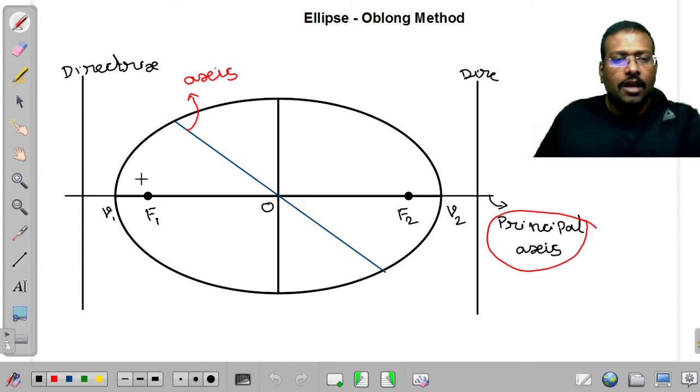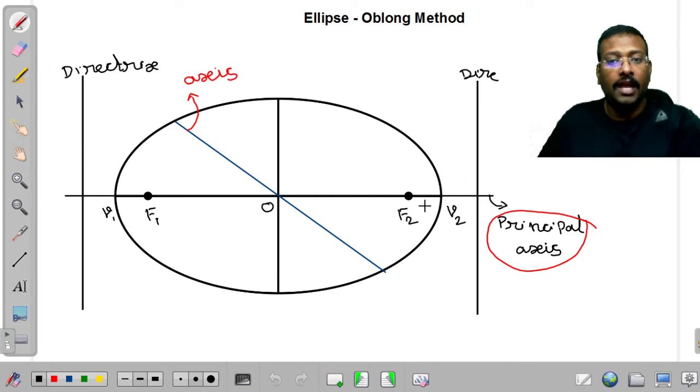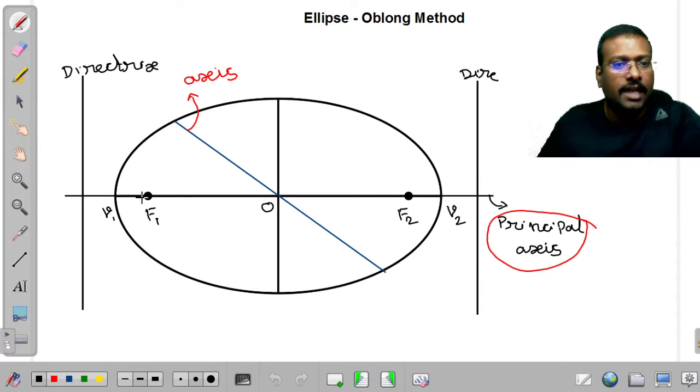Similarly, this particular major axis fortunately coincides with the principal axis. That's why the points where this axis meets the ellipse are considered as vertices. Is it clear?